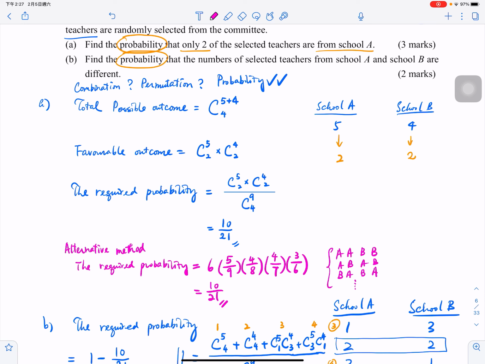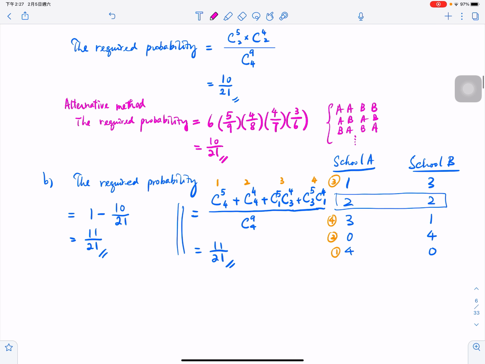So for part B, maybe you think, oh, is it the same? Nearly the same? Actually, yes. For this situation, you can think of it as a fraction, but you need to consider all the cases.